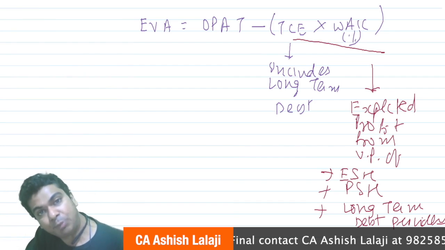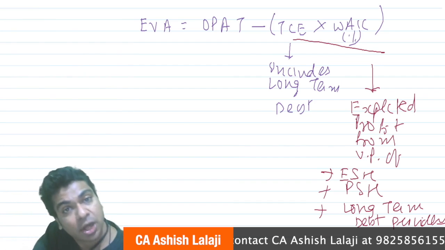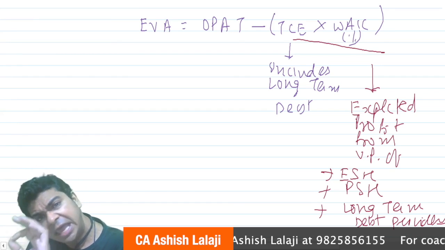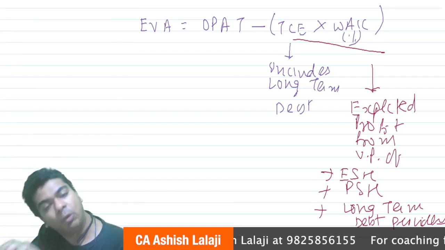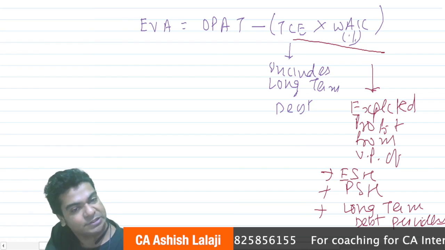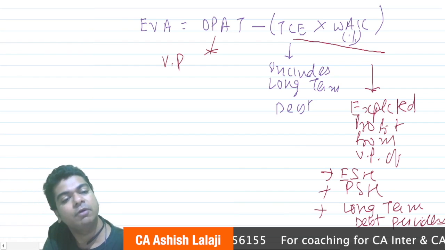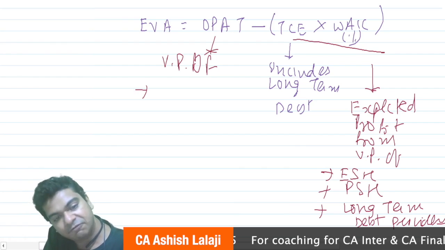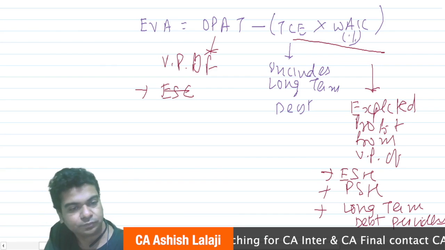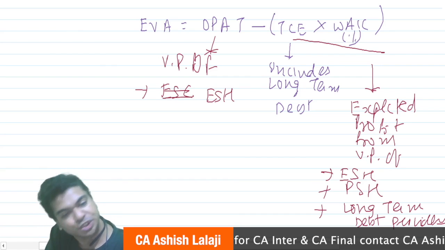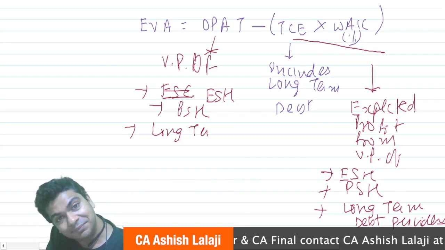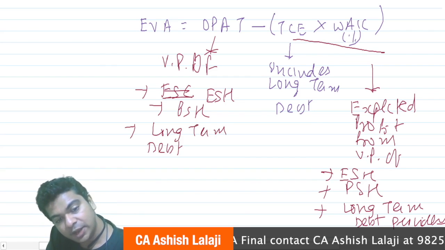But this expected profit is from the viewpoint of equity shareholders, preference shareholders, debenture holders, bond holders, and term loan providers. It is from the viewpoint of everyone who has provided long-term capital. So this profit should also be from the viewpoint of equity shareholders, preference shareholders, and long-term debt providers. I hope you get my point.